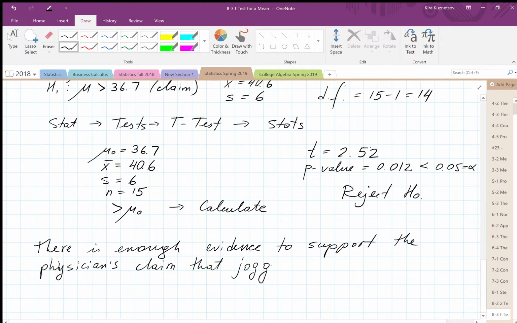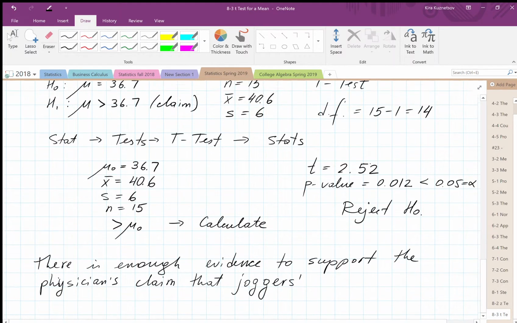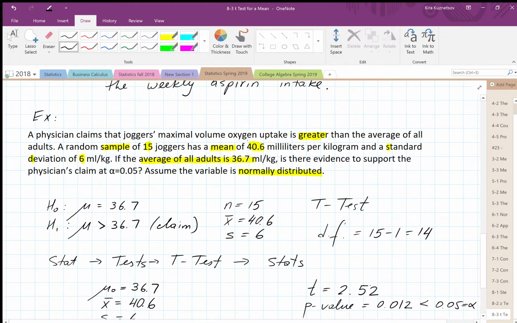And I'm basically copying the original sentence down from the beginning of the problem.